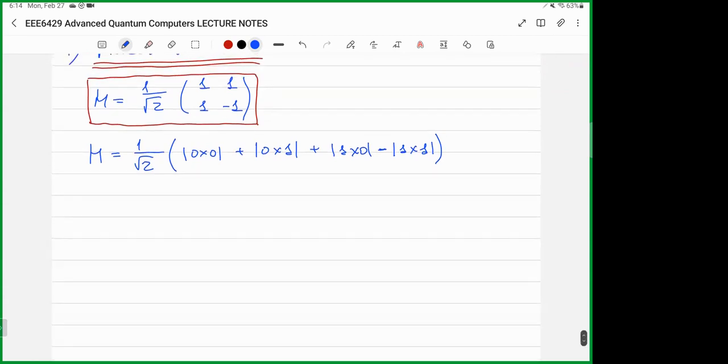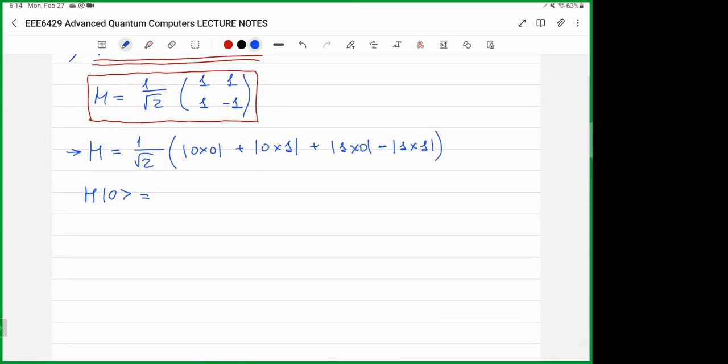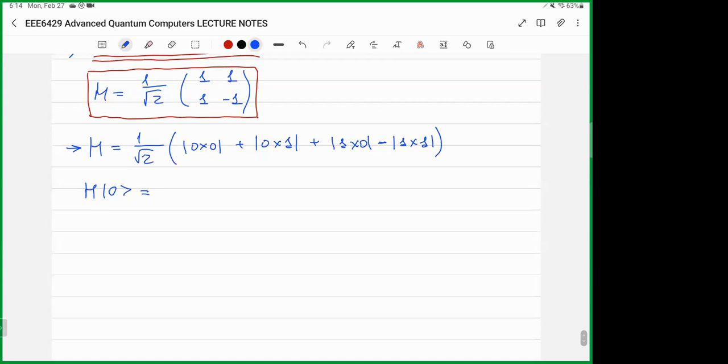So why is this gate important? To demonstrate that, let's consider the action of this gate on a state 0. So from the product of state 0 with this Hadamard gate H, what I will get is 1 over square root of 2, of course, this prefactor, and then this first element, which will give me 0 state, and this element here, which is state 1.